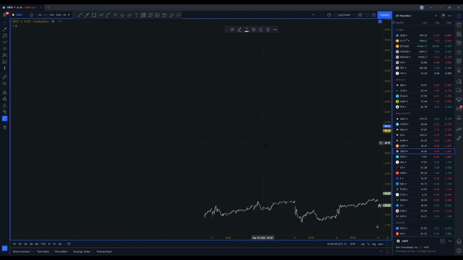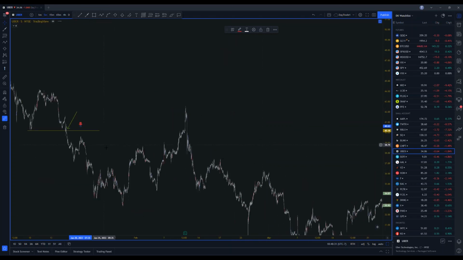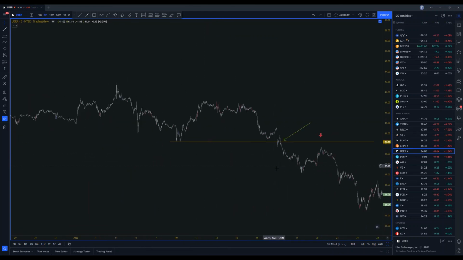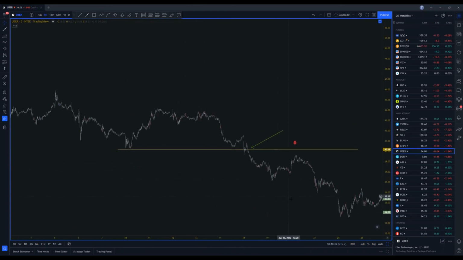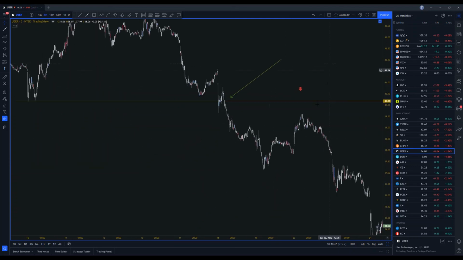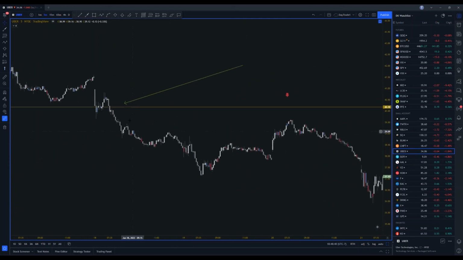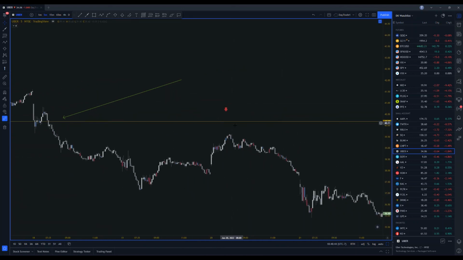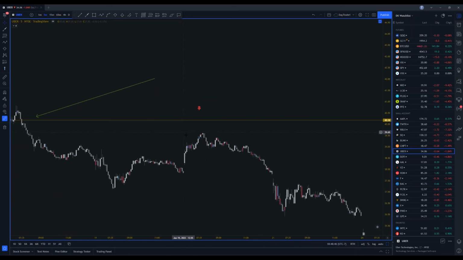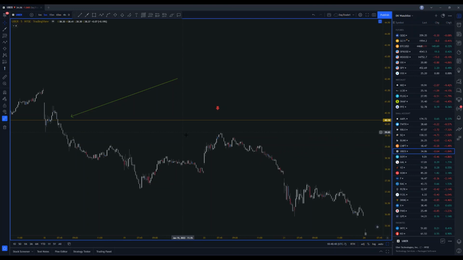We can work our way down to the 5 or 15, and then you can look for that sniper entry. Very simple. So here, it broke to the downside, right? Flush, flush, flush. Came down, retested, and like I said, there's more that goes to it, but the basic concept is just the breakouts and retests.